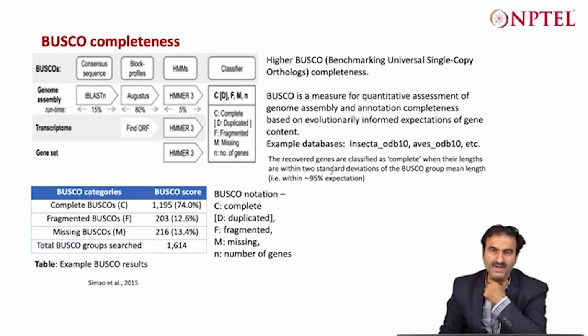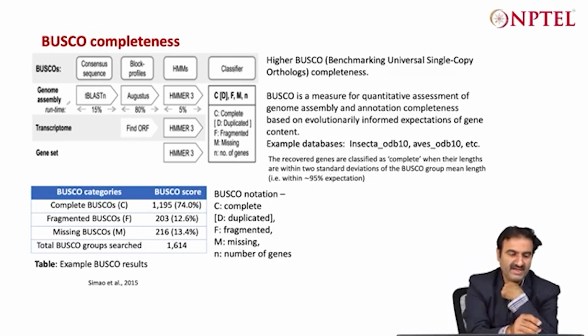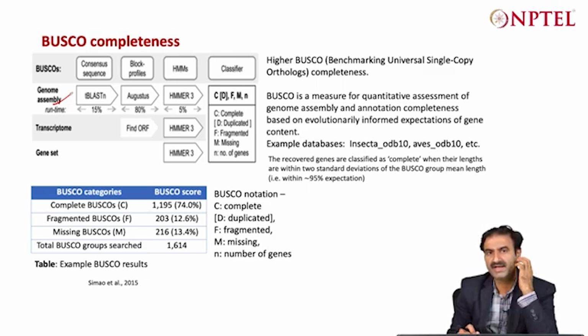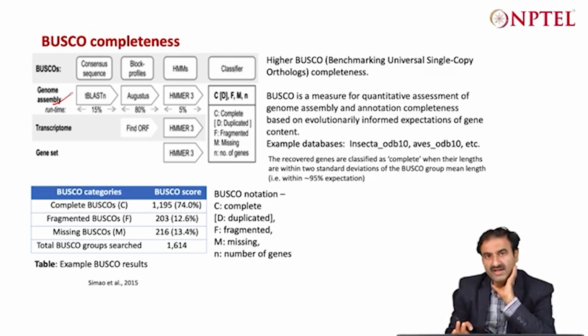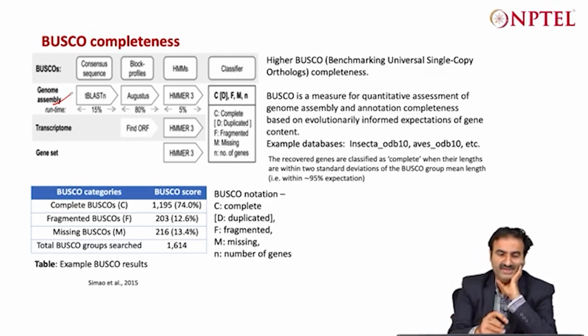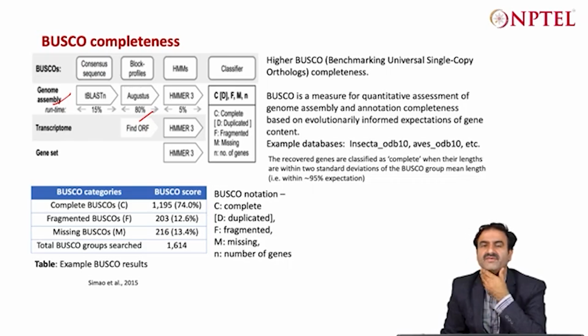Okay, so how it is done: you take a genome assembly and run the tool on it. The tool will call a gene prediction program. First of all, it will align with the consensus, that means the orthologs that you have. Then it will call a gene prediction program, that is Augustus in this case. That will take most of the time, because it takes some time to predict the genes, right?